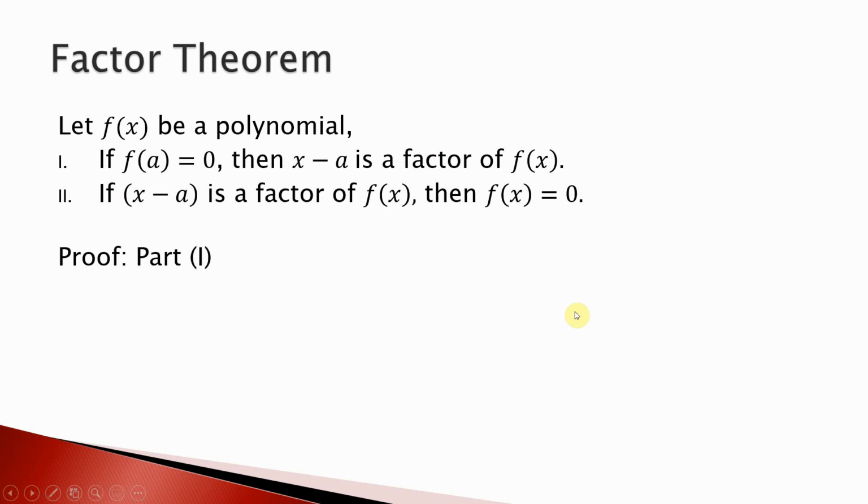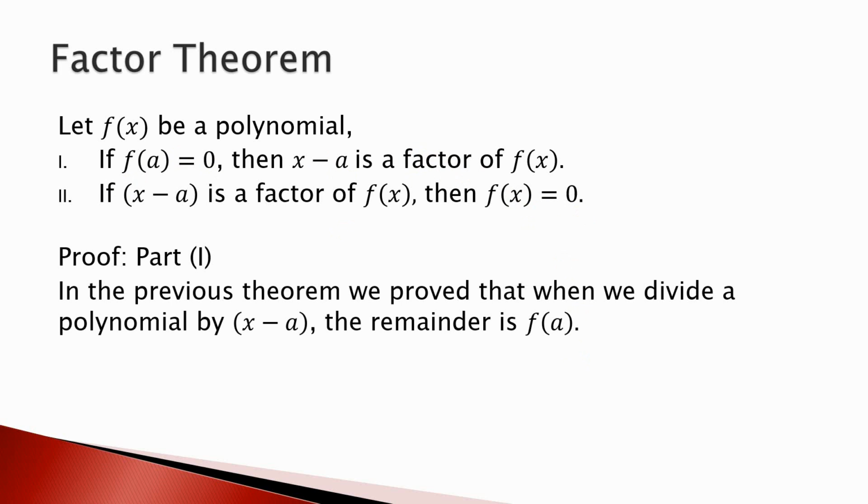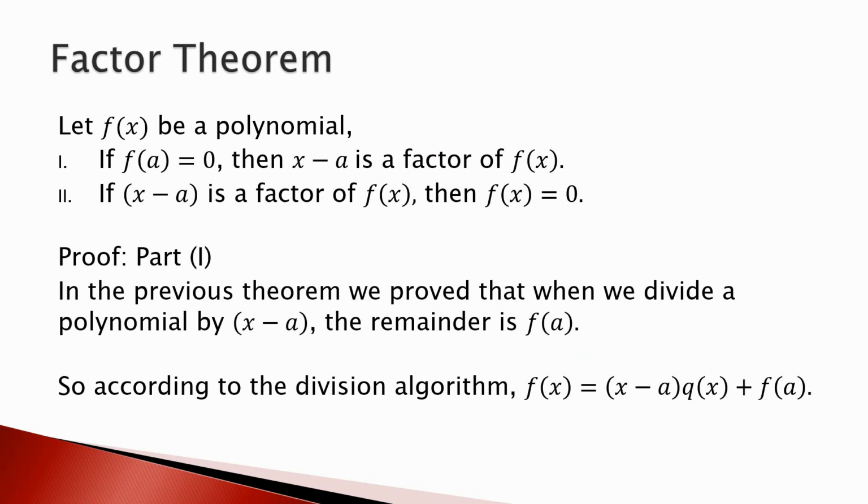Proof of part 1. In the previous theorem, we proved that when we divide a polynomial by x minus a, the remainder is f of a. So according to the division algorithm, when you divide by x minus a, the remainder is f of a, and you have a quotient which we don't know.